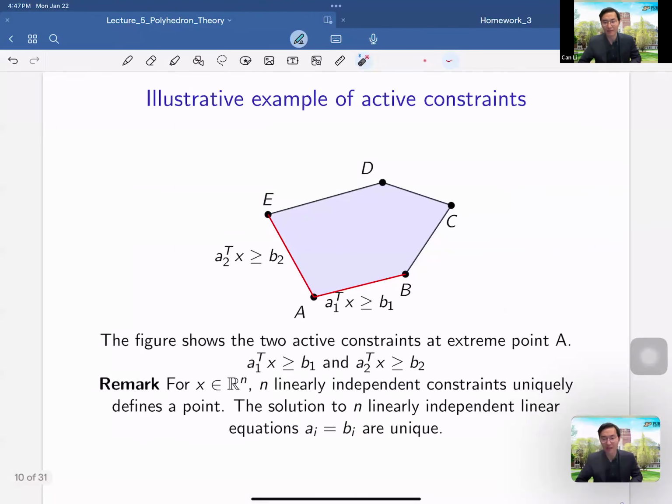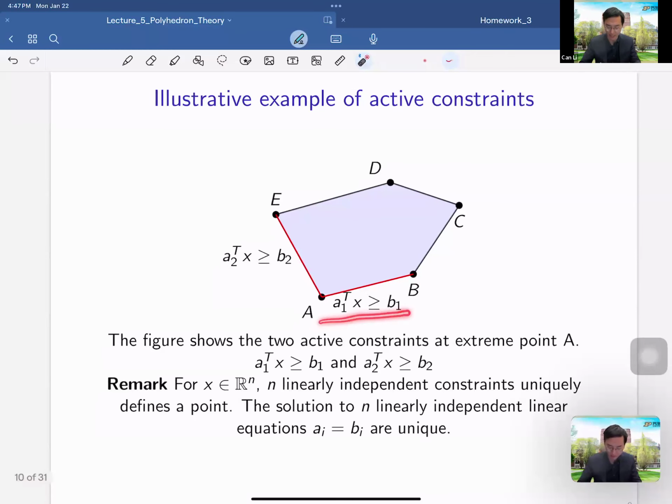So here's an easy way of illustrating what an active constraint is. Suppose we are looking at this point A here. As you can see, the active constraints at the point A are these two constraints here. If you write them as a_2 transpose x greater than or equal to b_2 and a_1 transpose x greater than or equal to b_1.